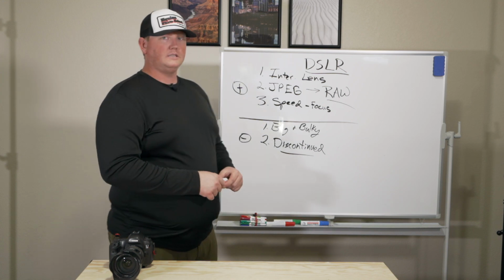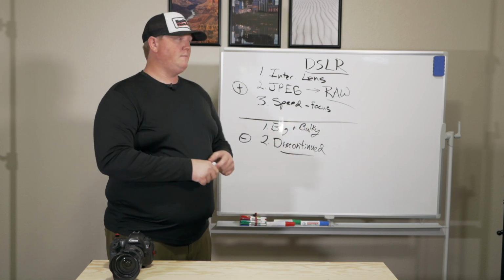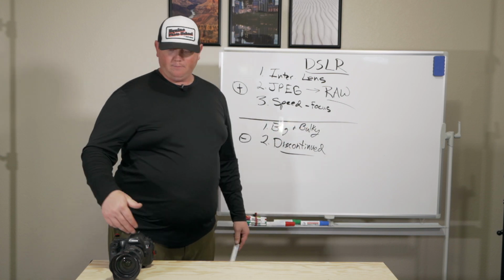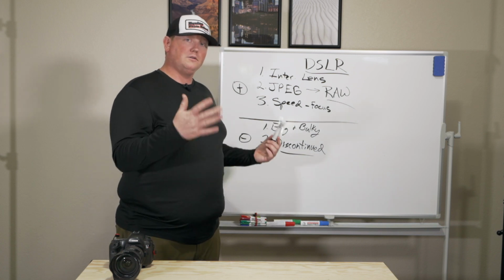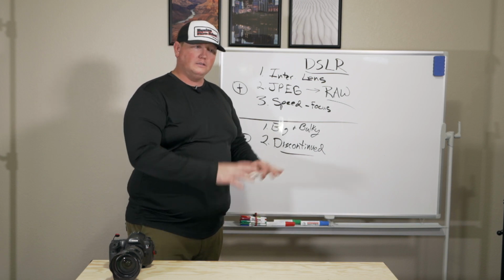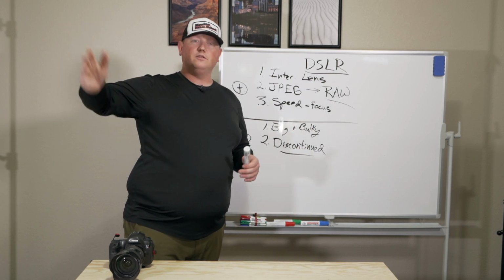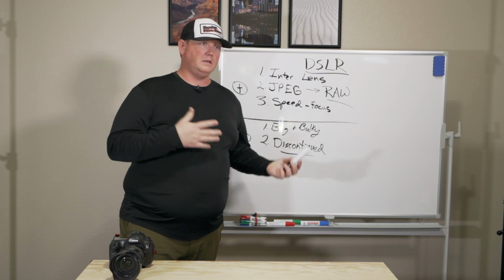So they'll ditch this stuff that's barely used just because something new came out. You can get these bodies and lenses for pretty dang cheap on eBay and other marketplaces, just because people look too far into the future and say, these are being discontinued, so I better get rid of mine. I don't want to be a dinosaur.